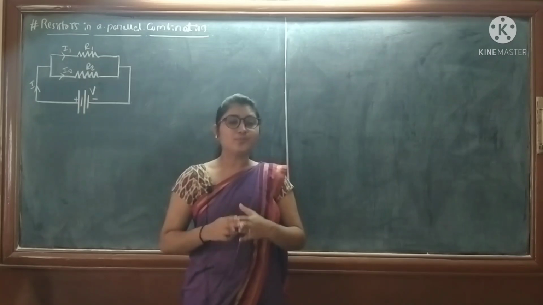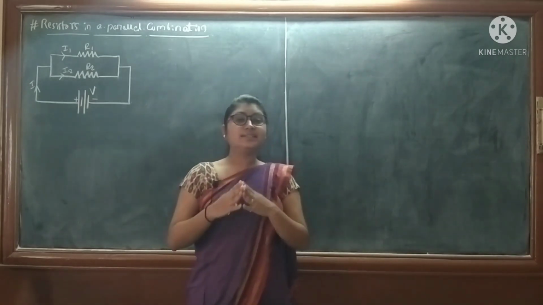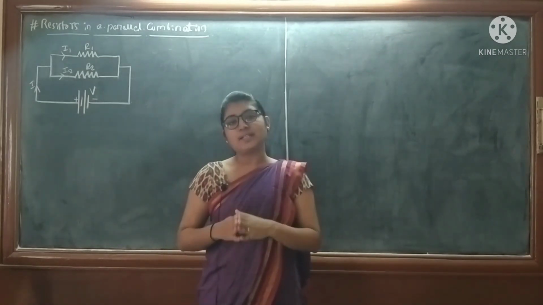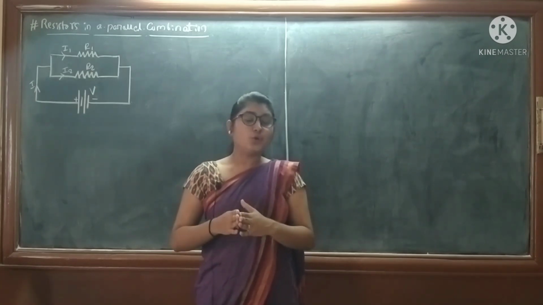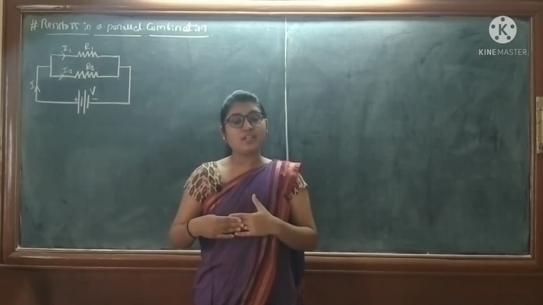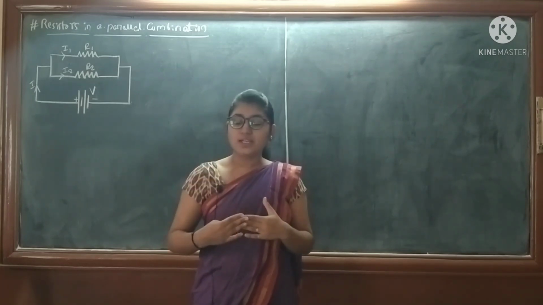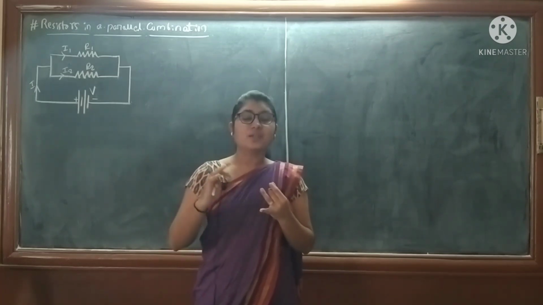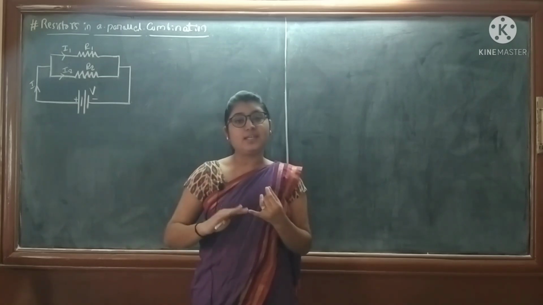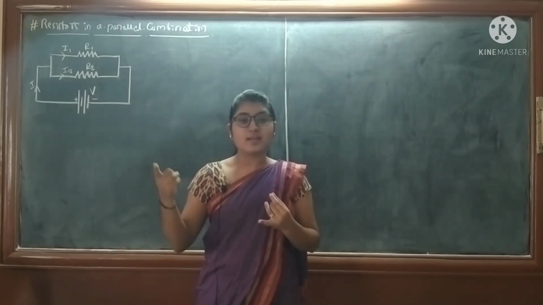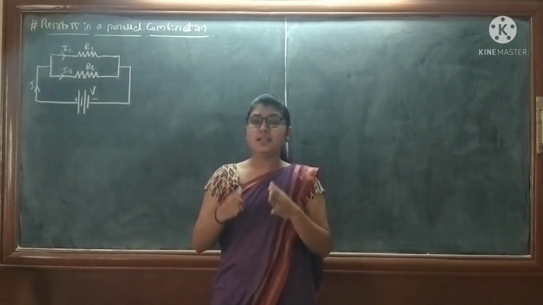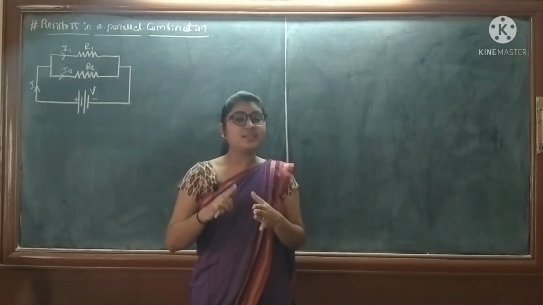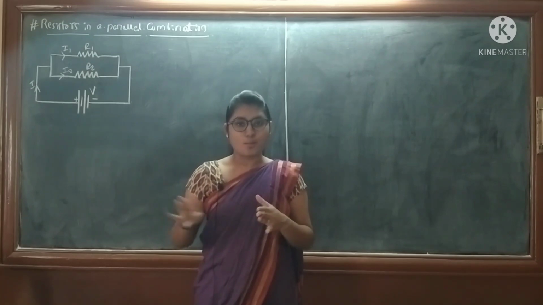You already know cells in a series combination and cells in a parallel combination, correct? For cells in a parallel combination we derived two equations, that is the equivalent EMF and the equivalent internal resistance, correct? Similarly, now we will take the resistors in a parallel combination.